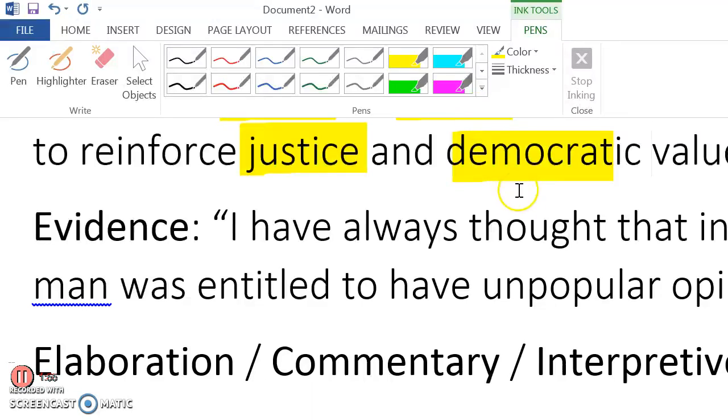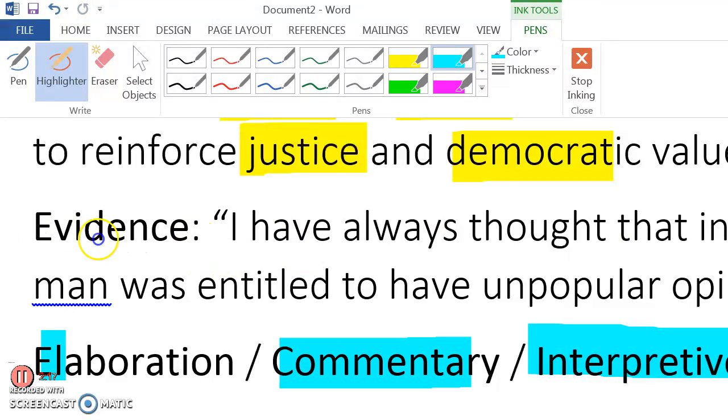Here's an example that I'm going to elaborate on for you. By the way, again, my fear is that I'm putting the cart before the horse. We do need to talk about blending examples into paragraphs. We'll do that next week, okay? For now, let me just show you what commentary would look like, or whatever you want to call it. Interpretive commentary, elaboration.